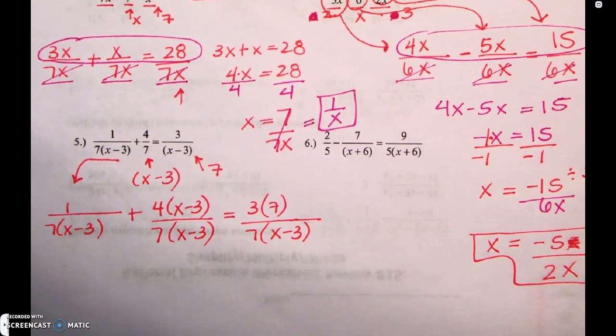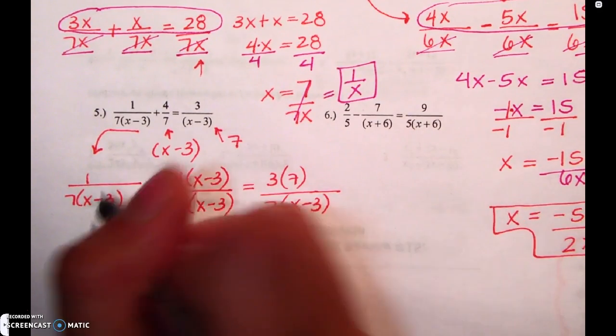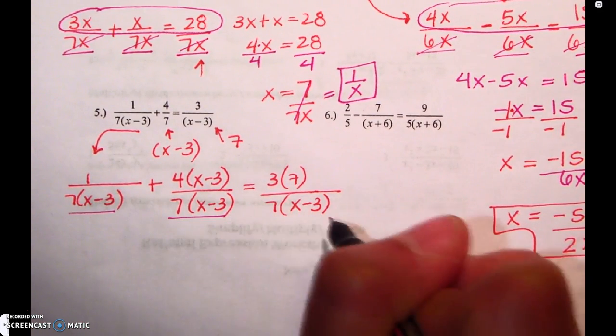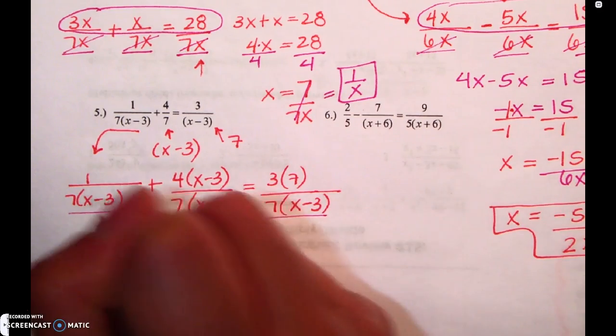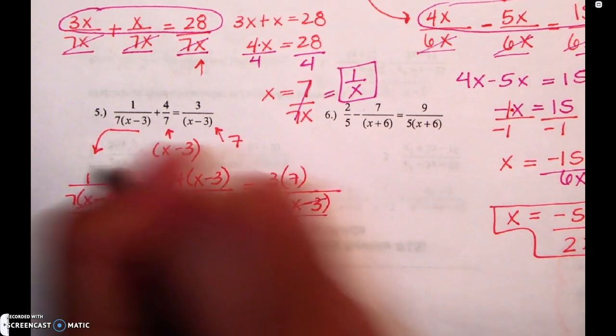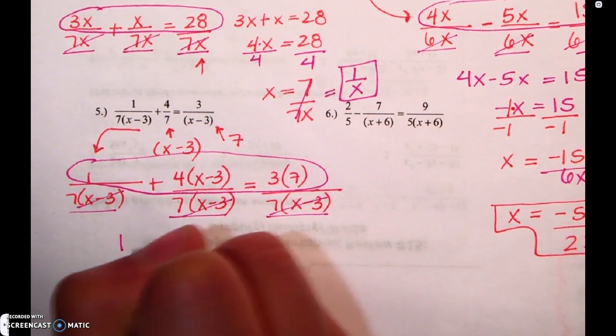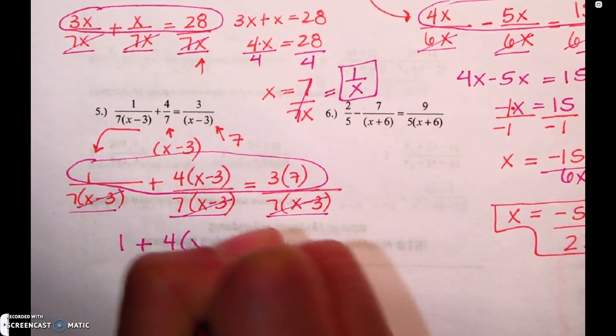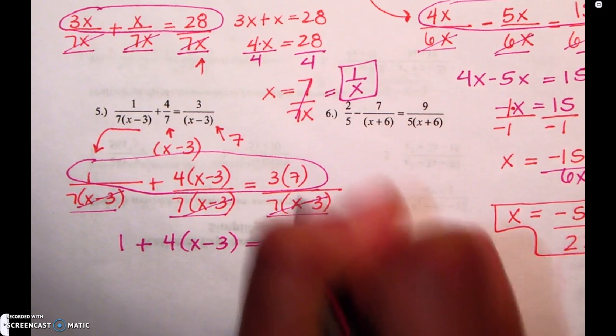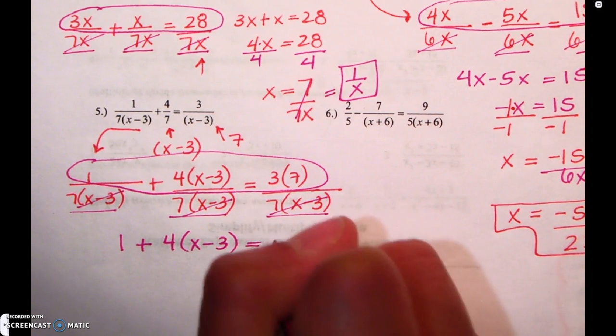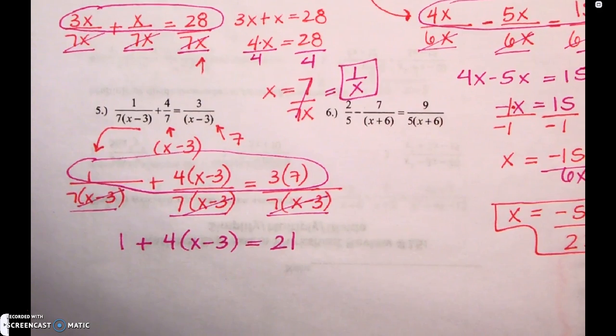So now I have the same common denominator, 7 parentheses x minus 3. I'm going to ignore it for now. I'm just going to take my numerator and solve for x. So I have 1 times 4x minus 3 is equal to 7 times 3, which is equal to 21.